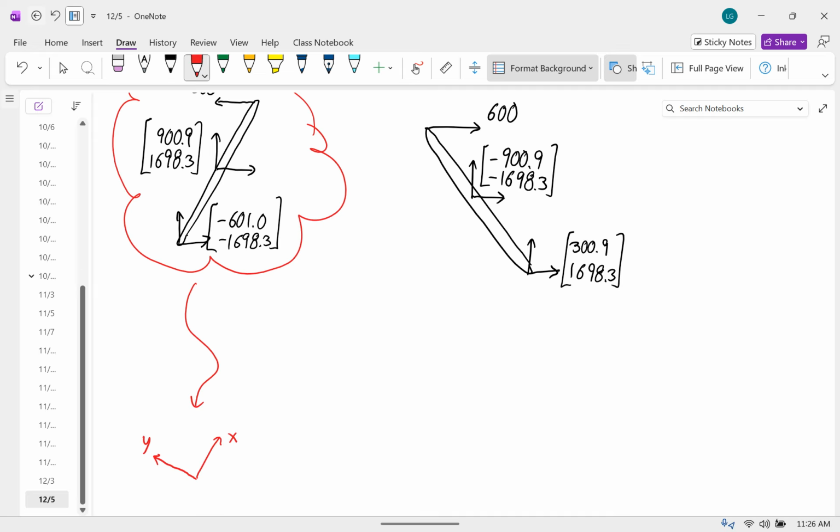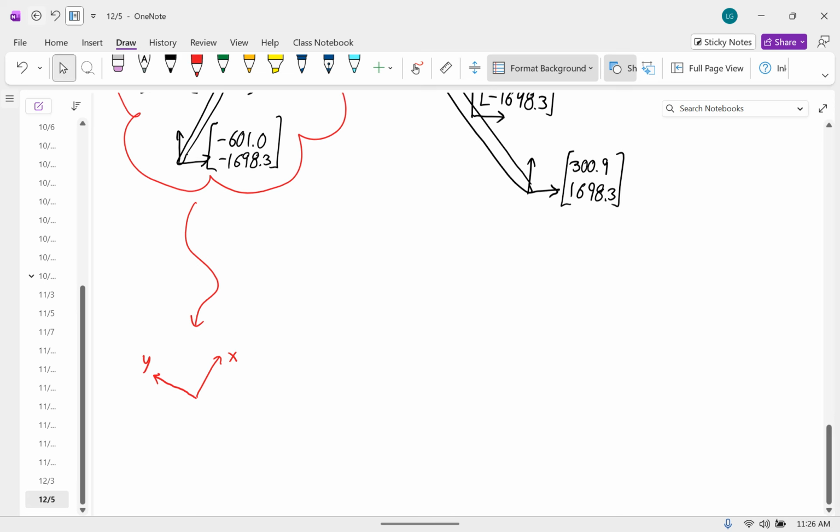So what you could do here is negative 601.0, negative 1698.3, dotted with a vector in the direction of the positive x-axis. That's how we get that projection.